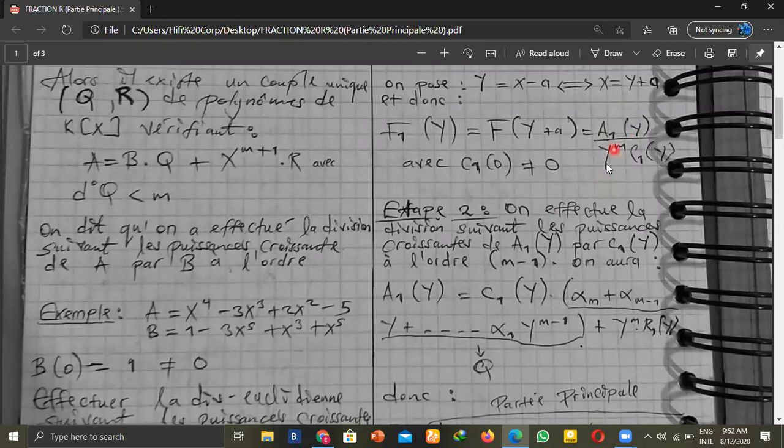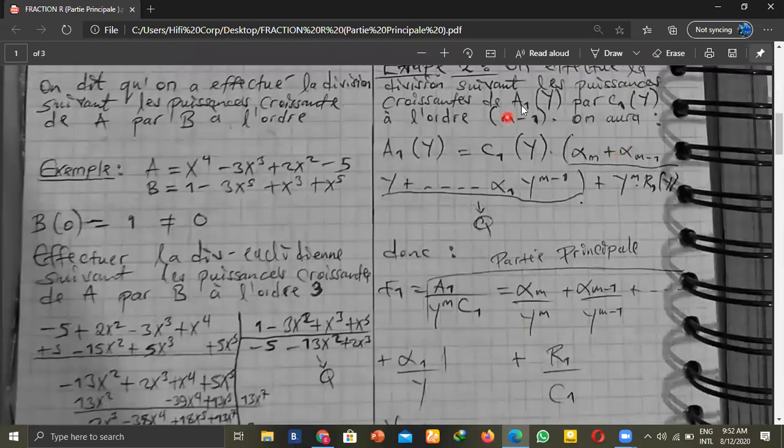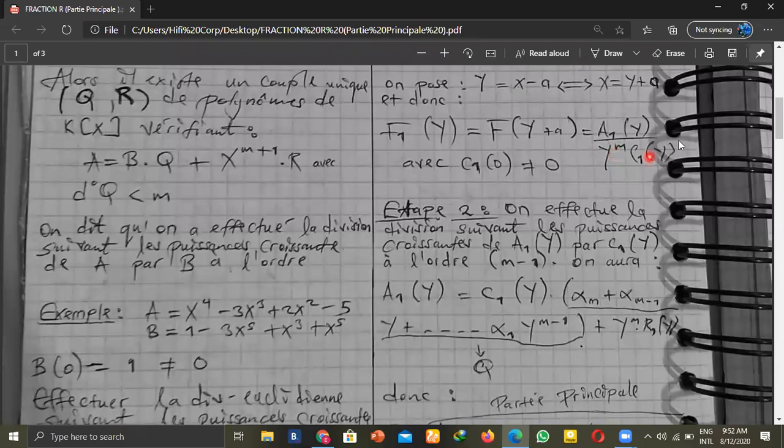That's why it's just represented by y^m. Be very careful there. So we are doing a division of this by this. Our order will be m minus 1, because this would have order 1 here.